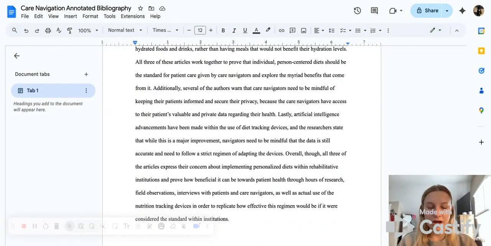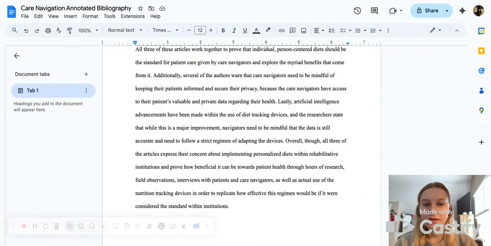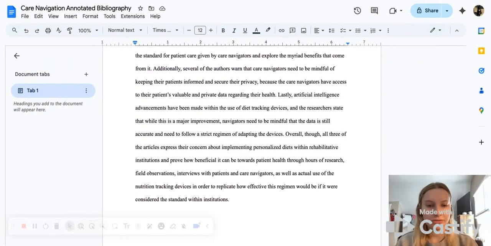I already talked a lot about the privacy data, but keeping them informed is also another huge point. If the patient doesn't know what of their data is actually being reported or collected or being seen, that's just not good. You're keeping them in the dark, and that is a huge code of ethics issue for care navigators. You just need to keep that trust between them and their patient.